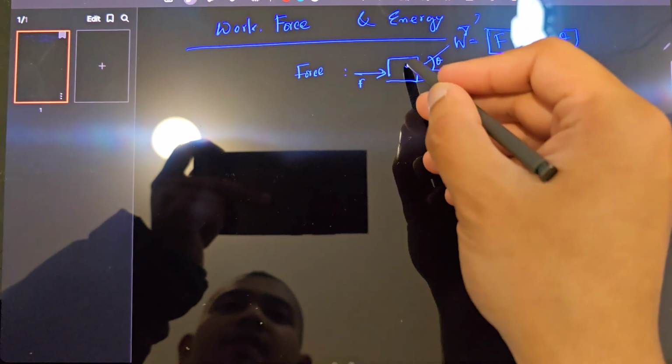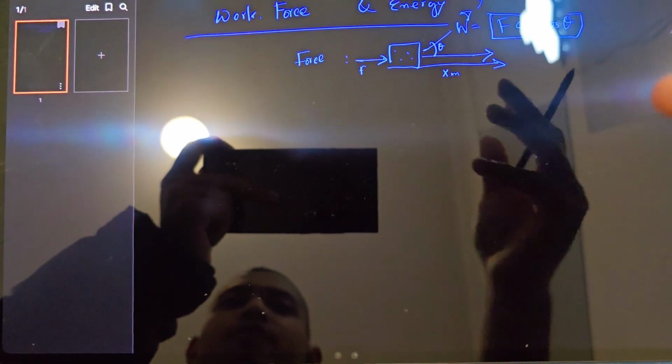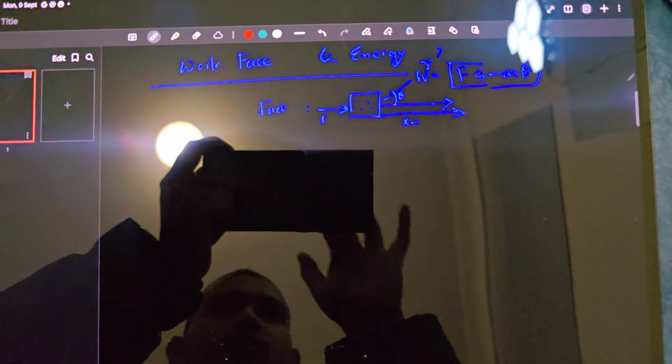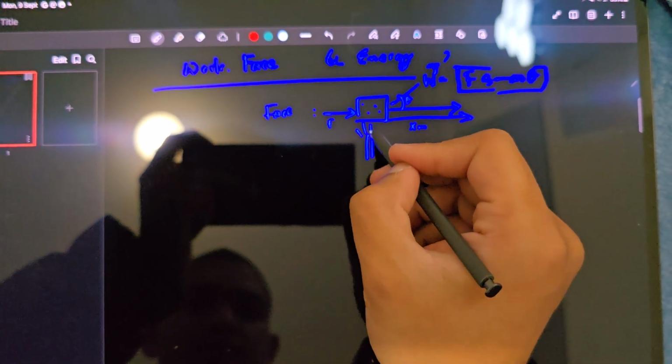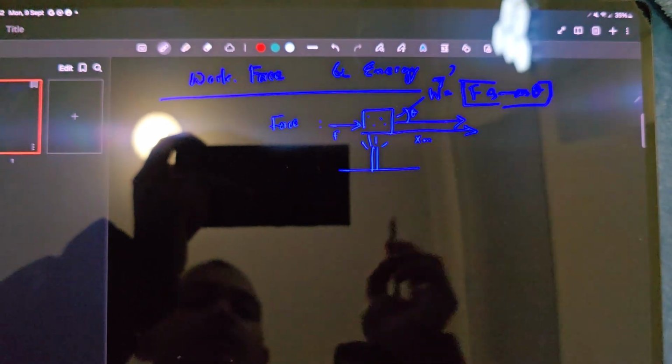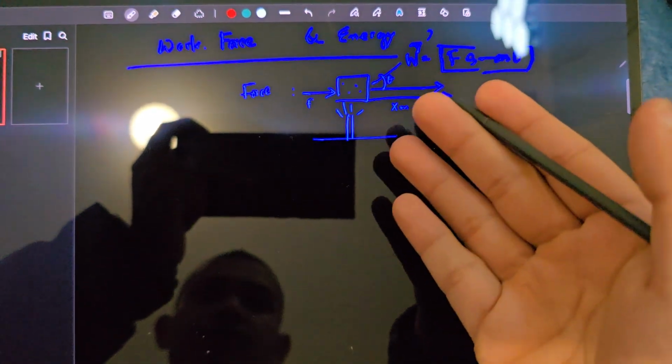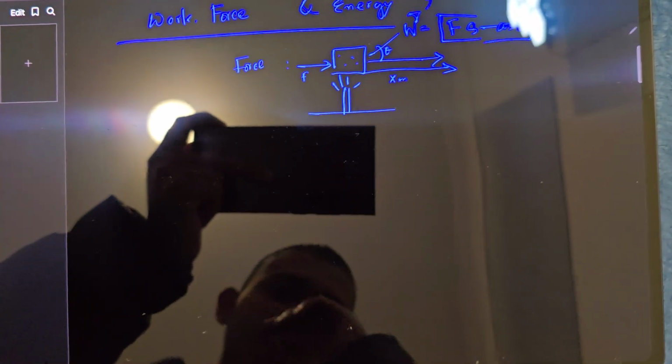What happened inside that object? Probably the particles moved or something, because we put a lot of energy. Say we put heat, through fire or some electric heater.